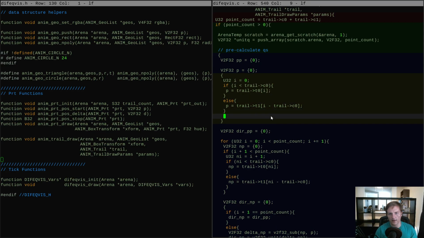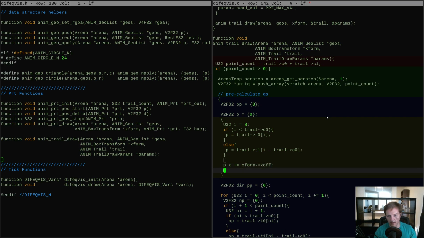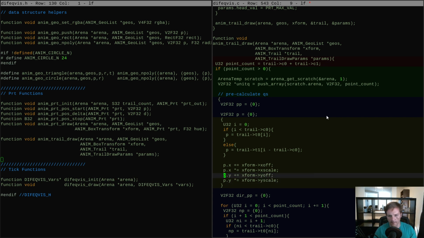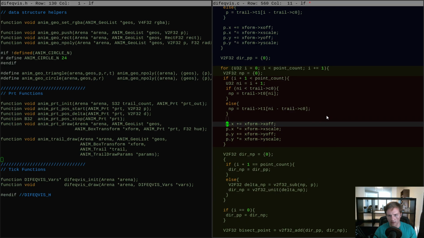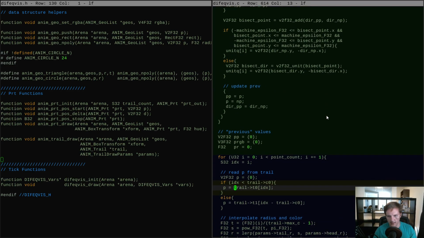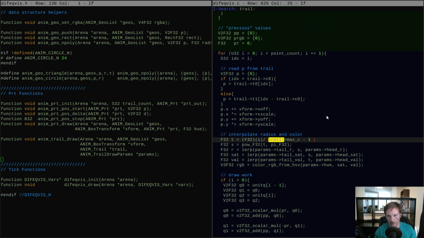So after getting a p-value, I have to do p.x plus equals xform.x off, p.x times equals xform.x scale, p.y, y off, y scale, trail T, NP, NP, NP. Trail T. Trail T.